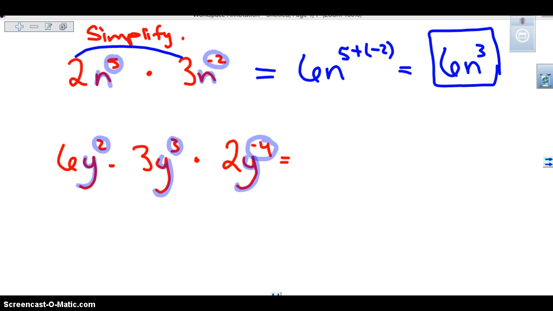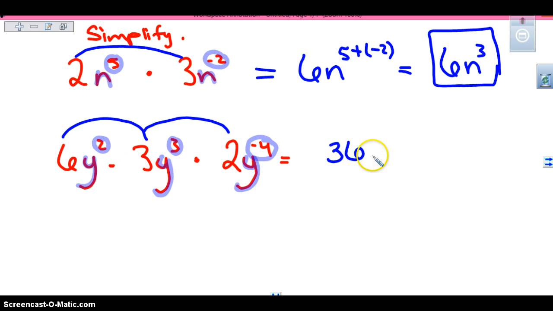What do we do with the coefficients, 6, 3, and 2? We multiply them. 6 times 3 is 18, and 18 times 2? 36. If we add the exponents, y to the 2 plus 3, 5 minus 4, 1.